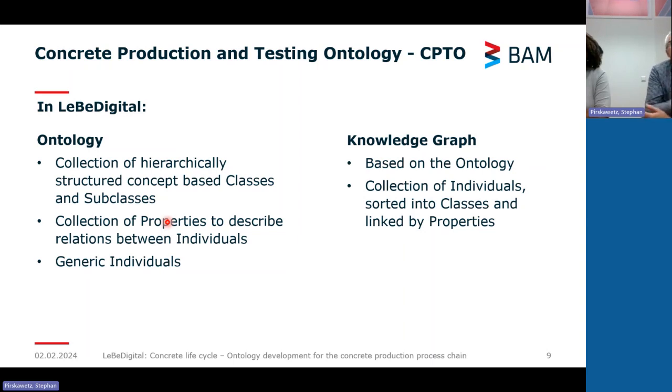At the end, it's a kind of construction set for knowledge graphs, and these knowledge graphs are then built from this ontology. And in our understanding, a knowledge graph is a collection of individuals sorted into the classes of the ontology and linked by the properties of the ontology.